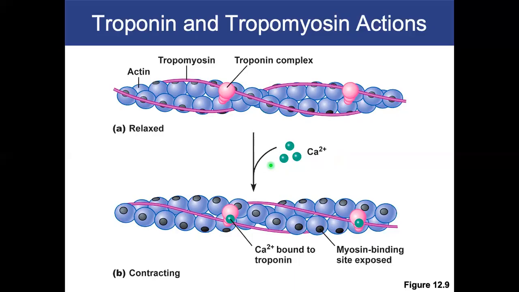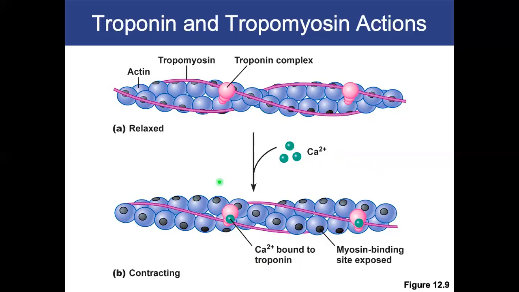So when you add calcium, which comes from the sarcoplasmic reticulum, calcium binds to what? Good, it binds to troponin. Troponin is that three-bead complex. And when it does that, it causes tropomyosin to move out of these binding sites, right? So now that tropomyosin's out of the way, can myosin bind to actin? Yes, it can.